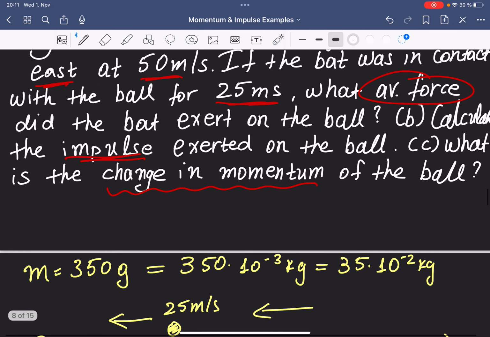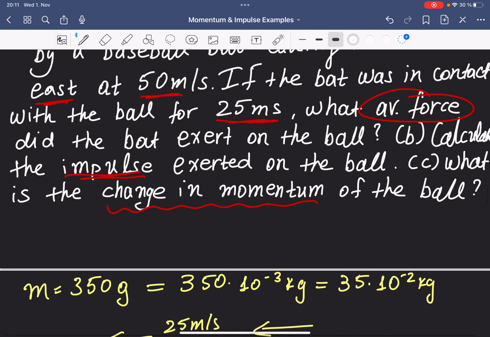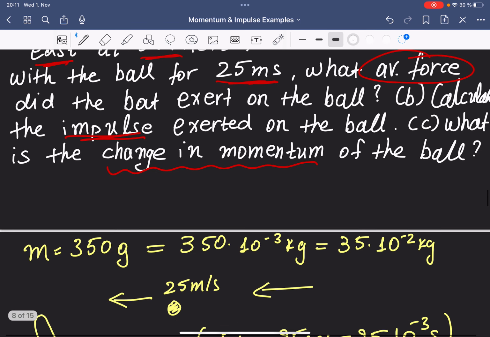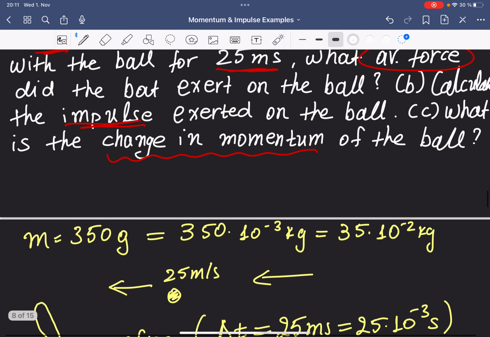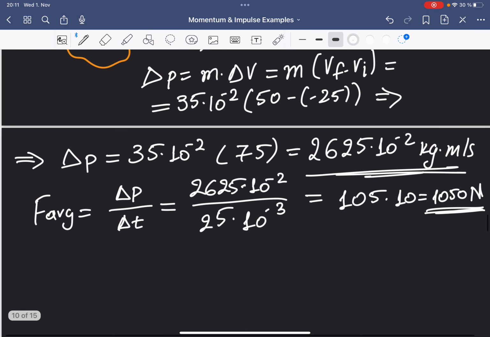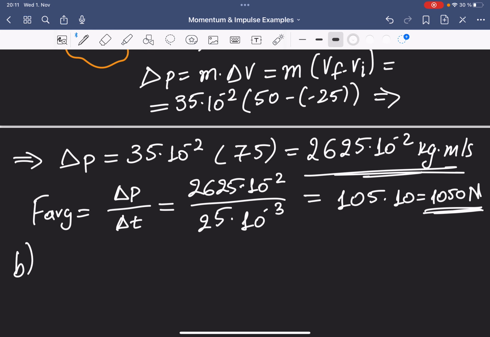Now that's for A. This is quite a long exercise. Question B, calculate the impulse exerted on the ball. So we've done most of our calculations, right? So the impulse is going to be equal to the change in momentum, which is basically what we have over there.